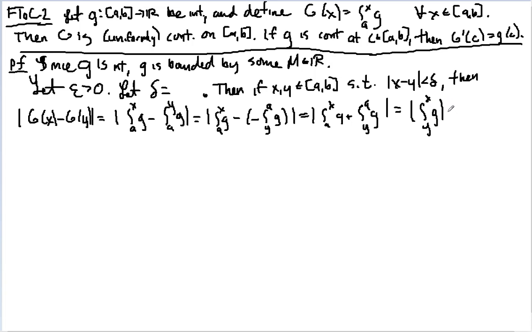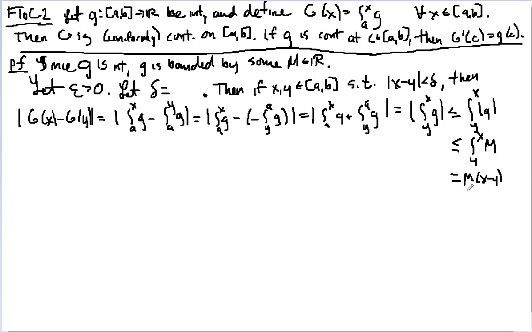And the absolute value of an integral is less than or equal to the integral of the absolute value. We know that. So now it comes in that the absolute value of g is bounded by M. g is bounded by some M, so this is less than or equal to M times |x minus y|, right, M is just a constant.